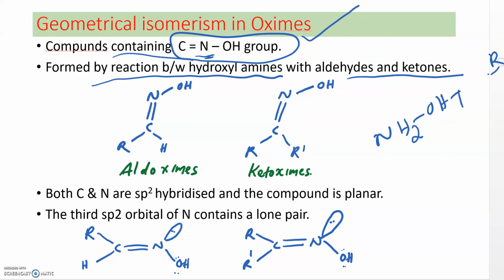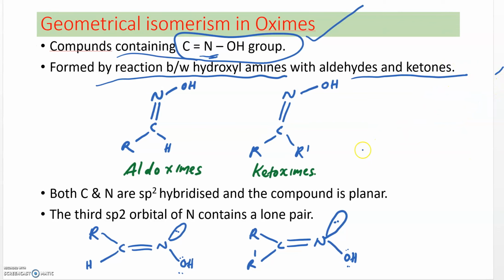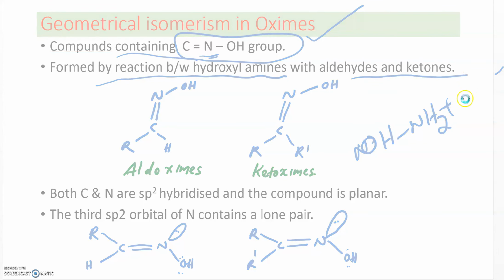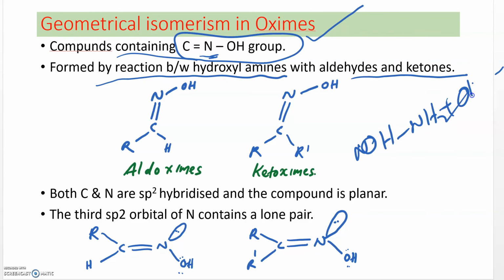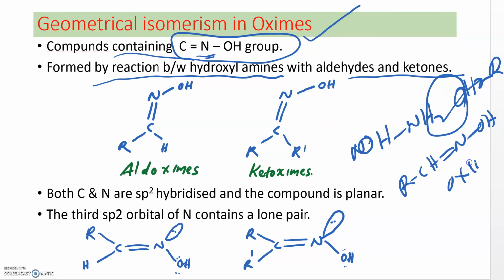For example, if we consider an aldehyde, RCHO, and NH2OH, that is hydroxylamine, reacts with the aldehyde RCHO, then H2O is eliminated, and we get RCH double bond NOH, that is an oxime.